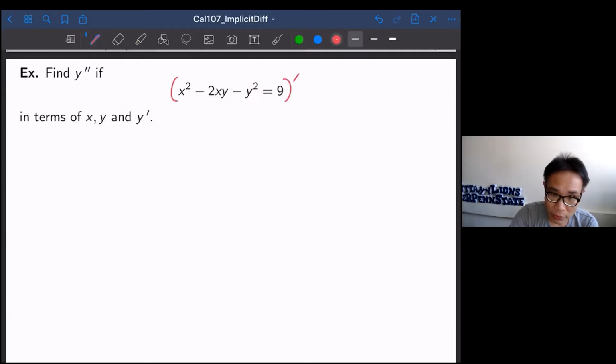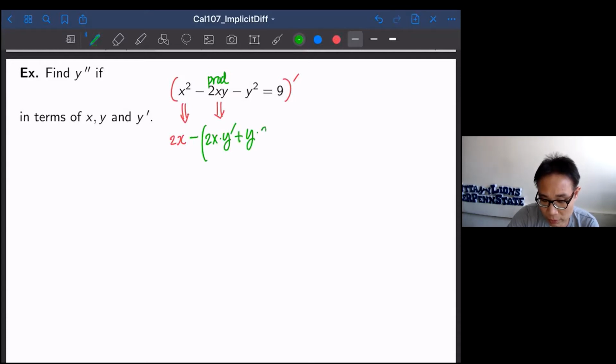So you differentiate this term, and you have 2x. Then you differentiate this term, which is a product, so in this case it's going to be negative, the first derivative of the second plus the second derivative of the first.